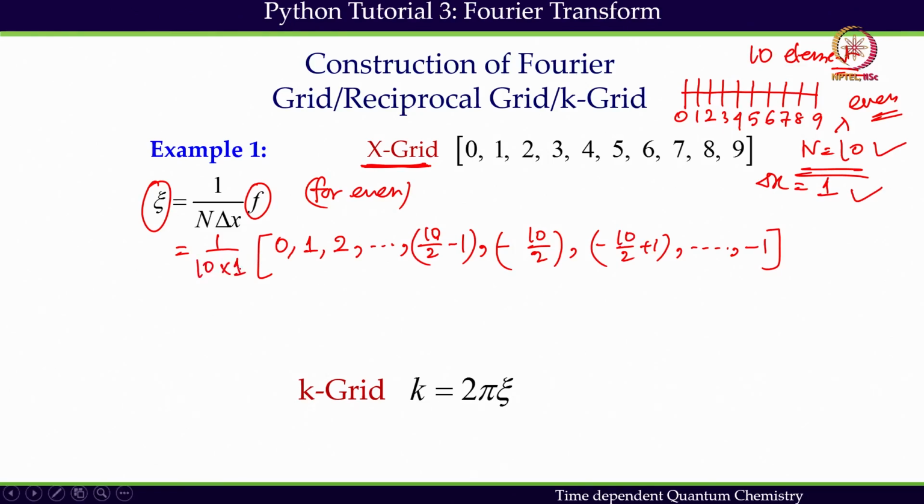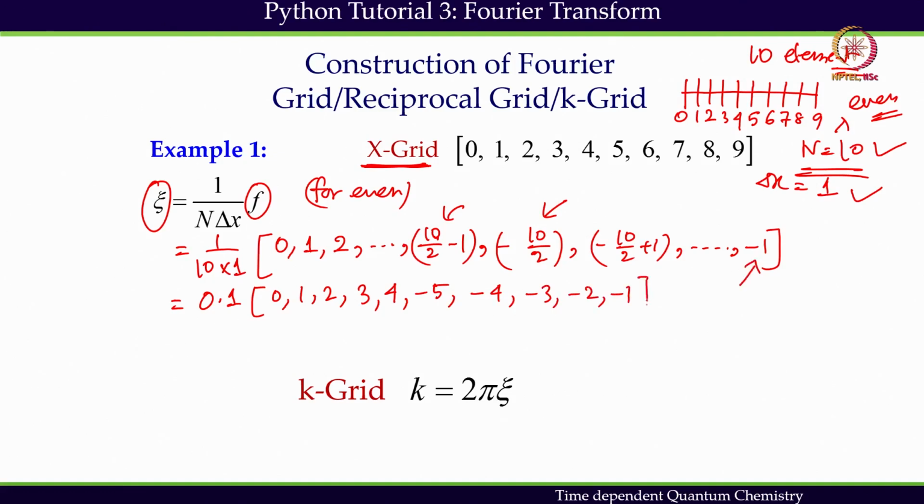So, for the given problem, I have this situation where it is going to be 0.1 multiplied by 0, 1, 2, 3. Now, this part is going to be 5 minus 1, which is 4. That is all. Then I have these negative values, minus 5, then minus 4, minus 3, minus 2, minus 1, up to minus 1.